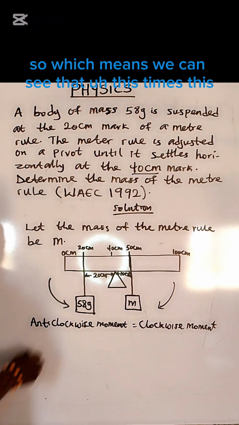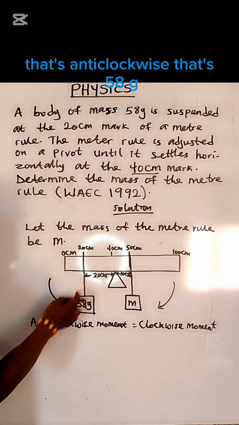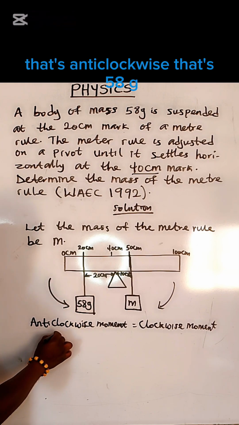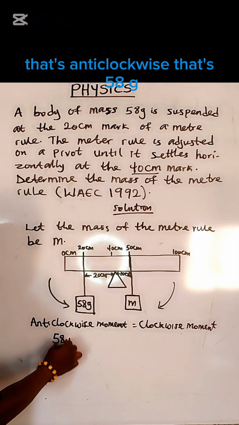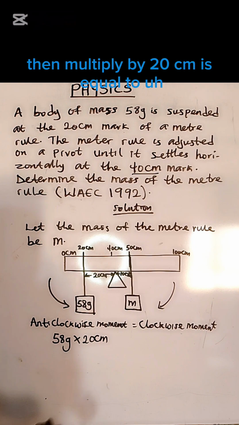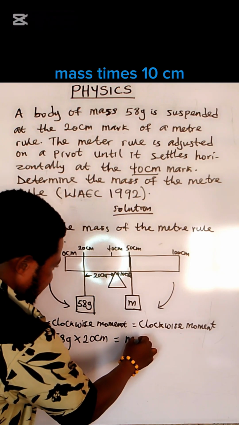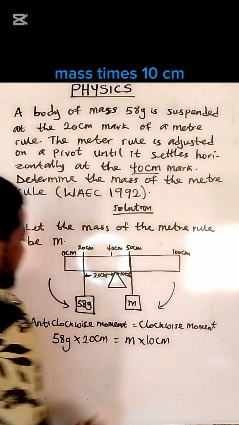So which means we can say that this times this, that's anti-clockwise, that's 58 grams multiplied by 20 centimeter, is equal to mass times 10 centimeter.